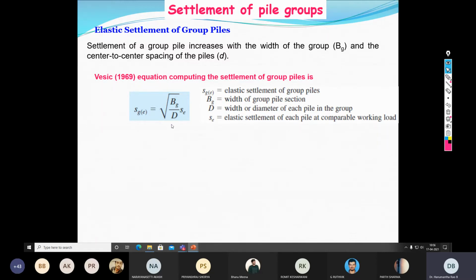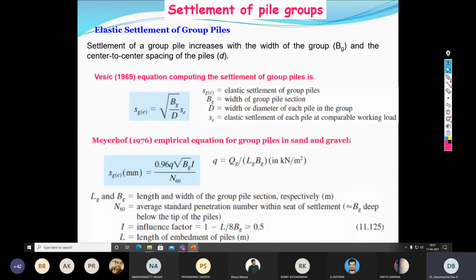SG is nothing but square root of BG by D into SE. Here SG is the elastic settlement of the pile group, BG is the width of the pile group, D is the width or diameter of the pile, and SE is the elastic settlement of each pile at comparable working load.